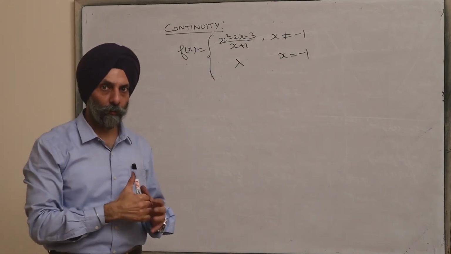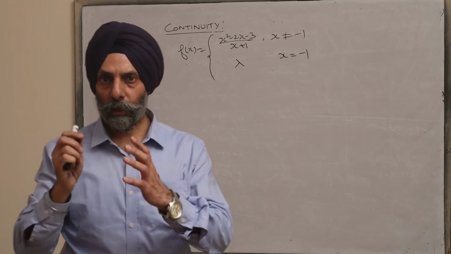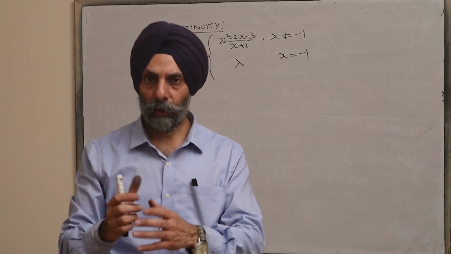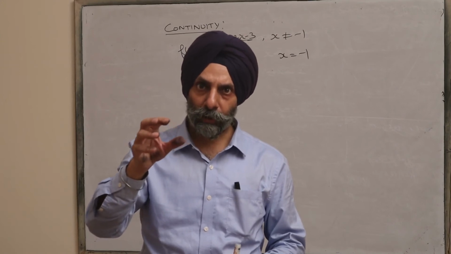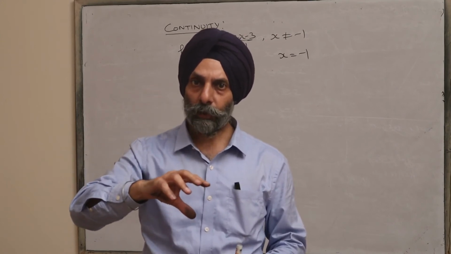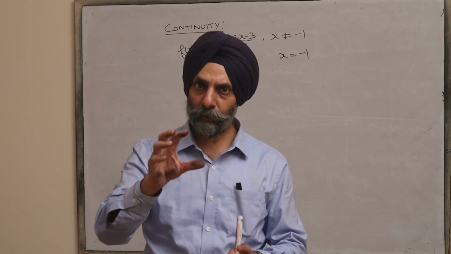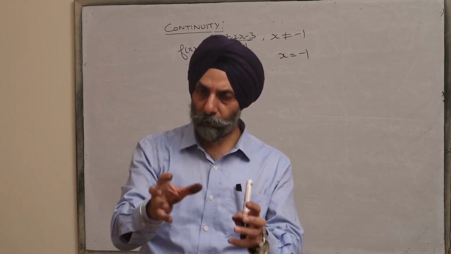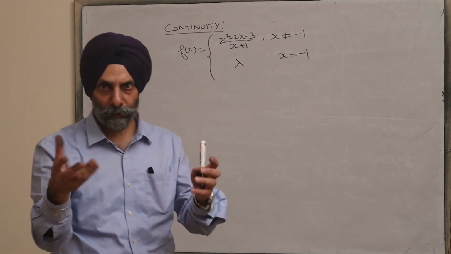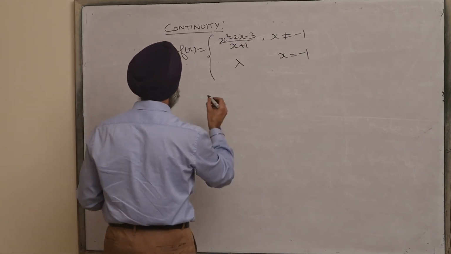When the statement is like this, it means that the limit of this function already exists. The limit exists, but we have to find the value of lambda which will make this function continuous.